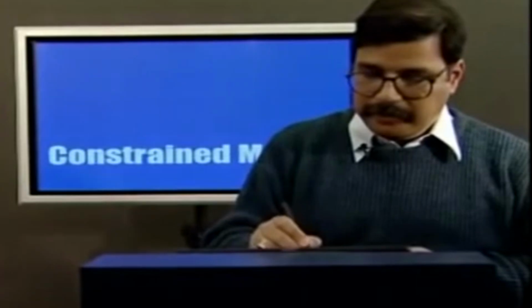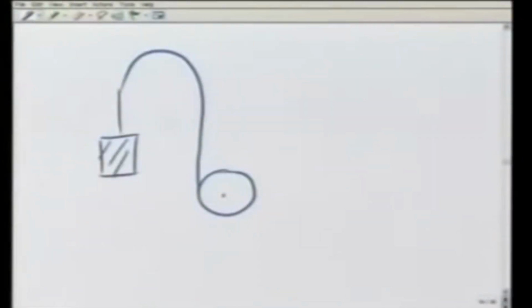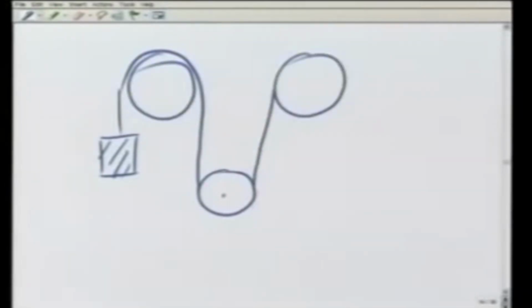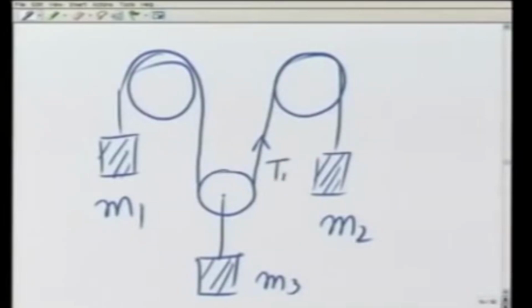This is my pulley, mass M1, here is the pulley, here is the other pulley, mass M2, M1, M3. Here the tension works this way: T1, T2. These are the forces of constraint.